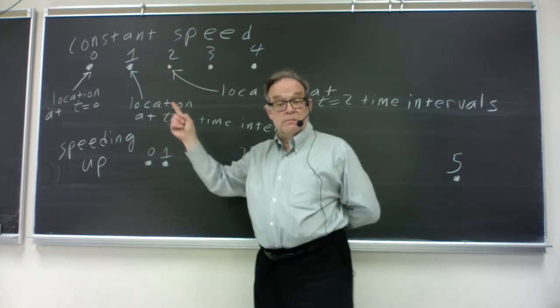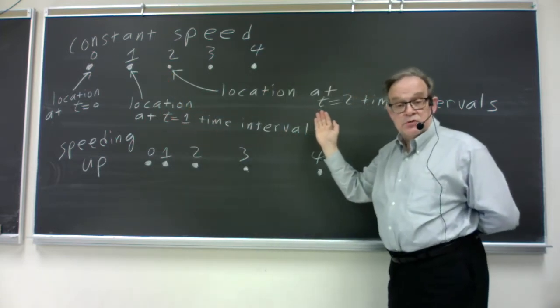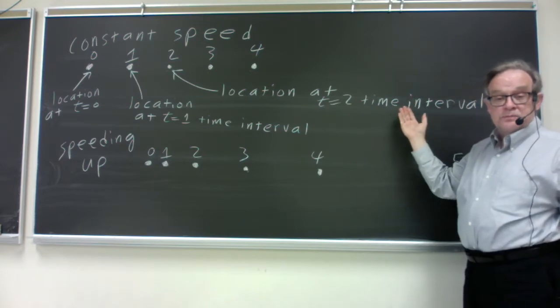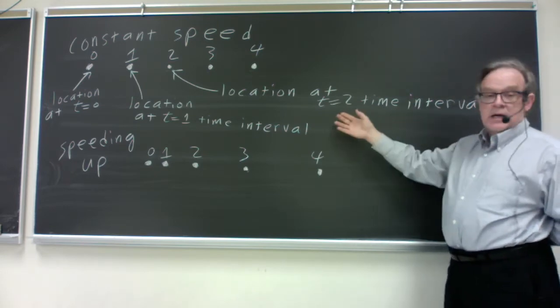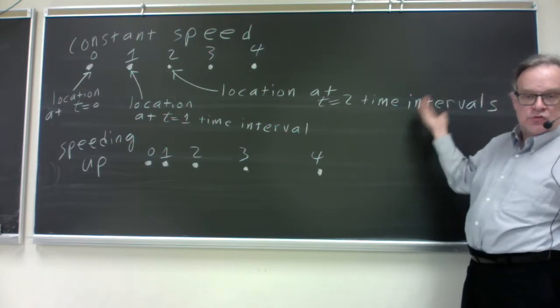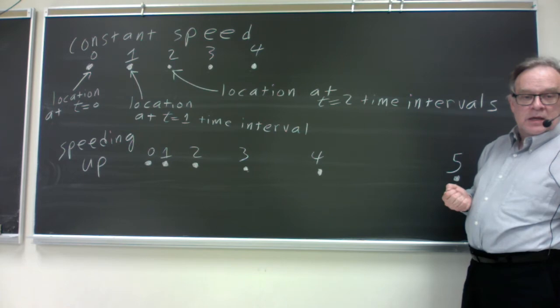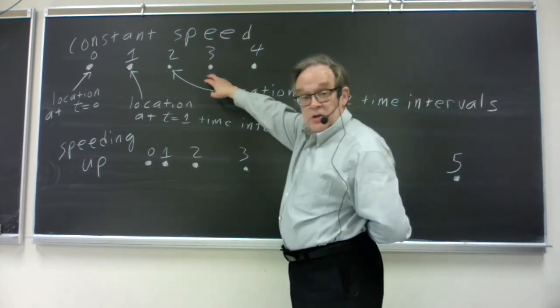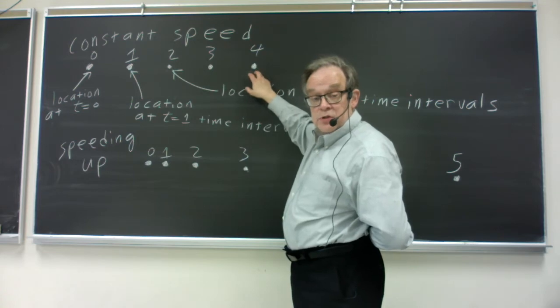That's the location of the object at the end of the second time interval. The time would just be 2 time intervals after the start. Likewise, at the end of the third time interval, the object is here. At the end of the fourth time interval, the object is here.